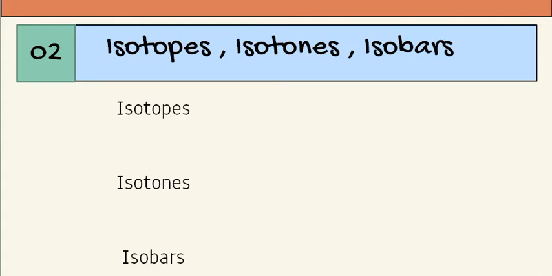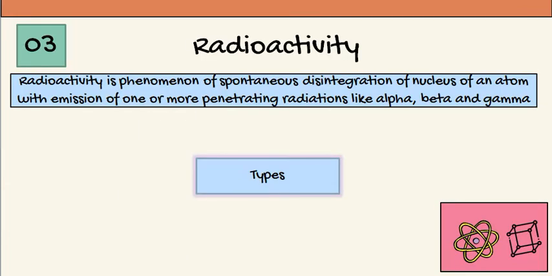Now proceeding to the next topic, that is radioactivity. Radioactivity is the phenomenon of spontaneous disintegration of the nucleus of an atom with the emission of one or more penetrating radiations like alpha, beta and gamma rays.